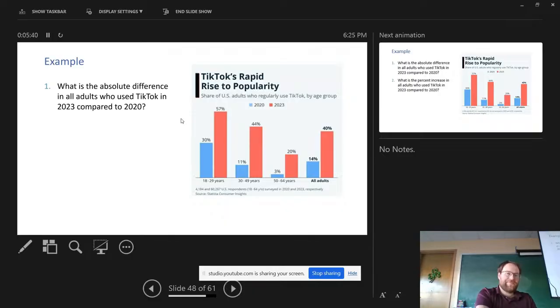So an example here of a dual bar chart. What is the absolute difference in all adults who use TikTok in 2023 compared to 2020?